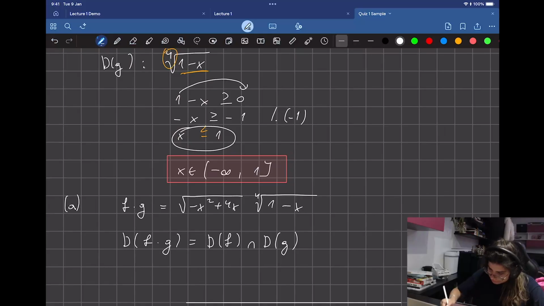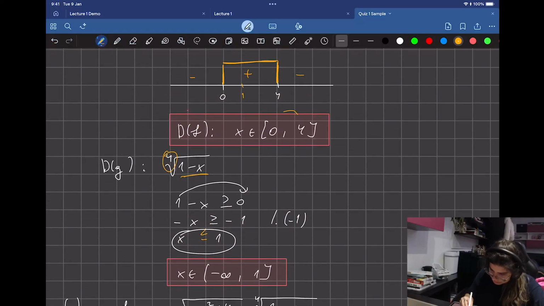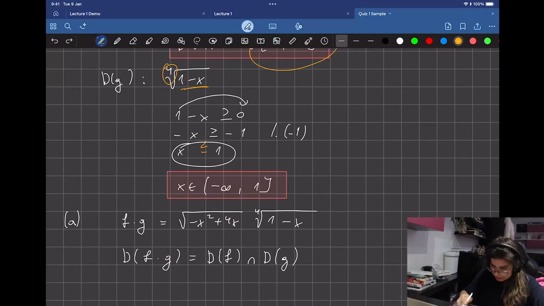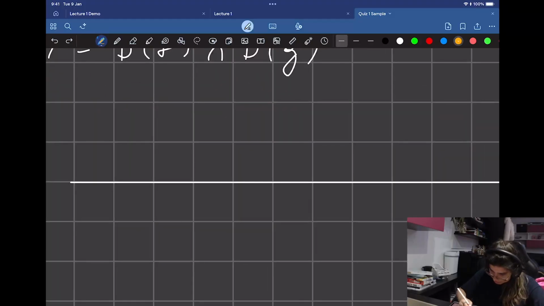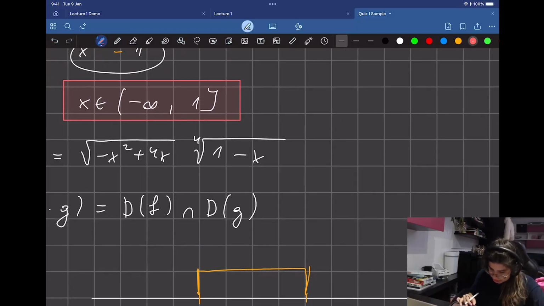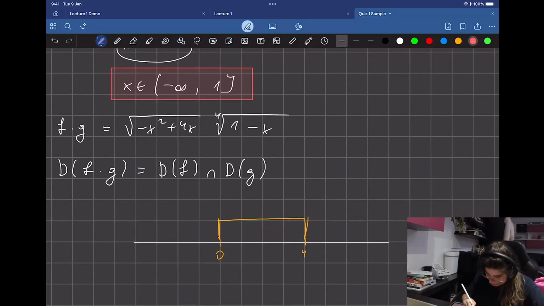So for f, we had 0 through 4. Let's say 0 is here, 4 is here, and that's my f domain. For g, we had minus infinity to 1. So if we say that 1 is here, we had minus infinity to 1, like this.